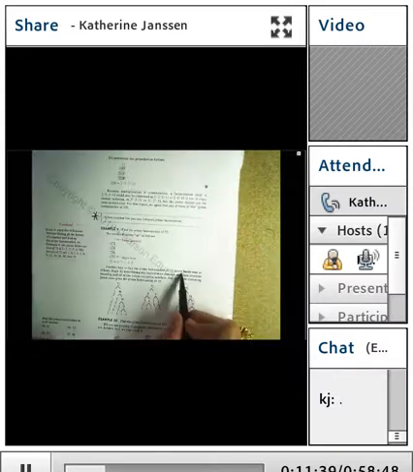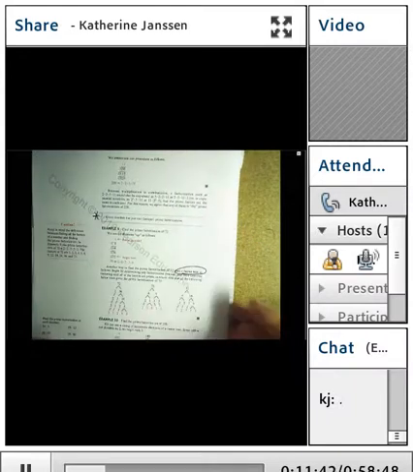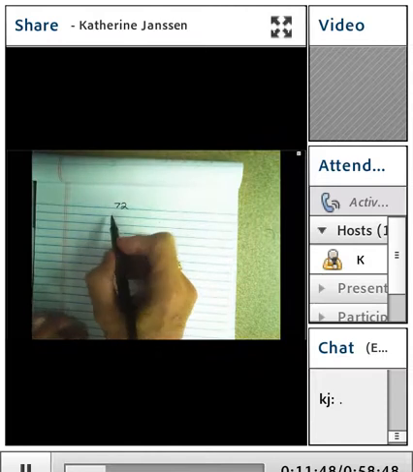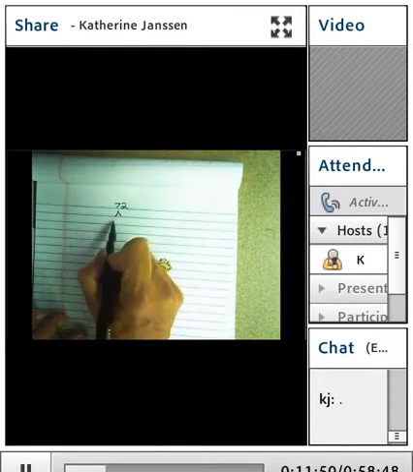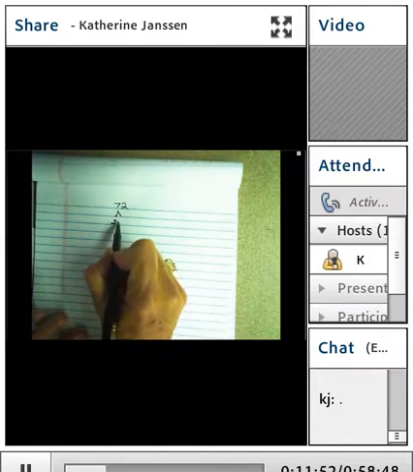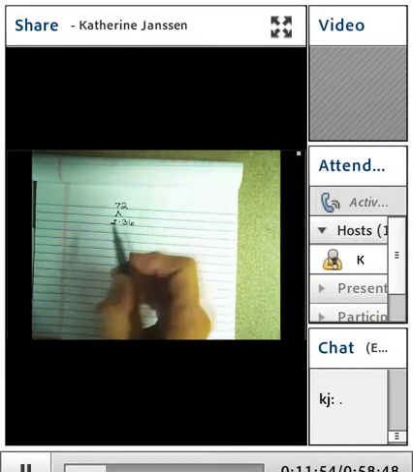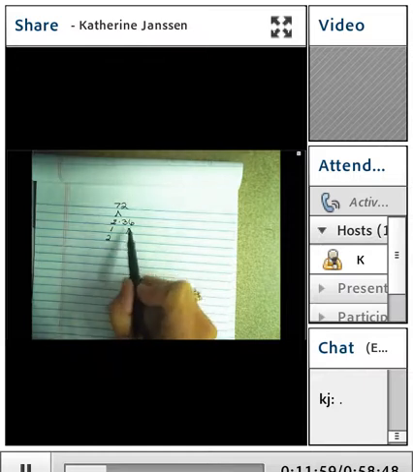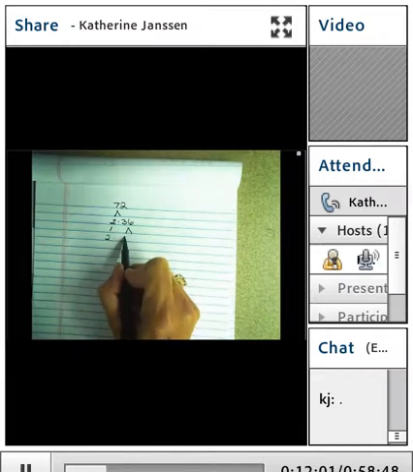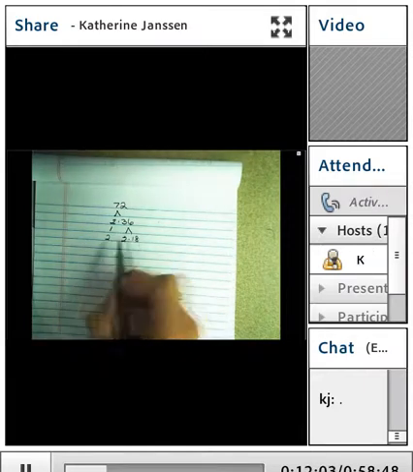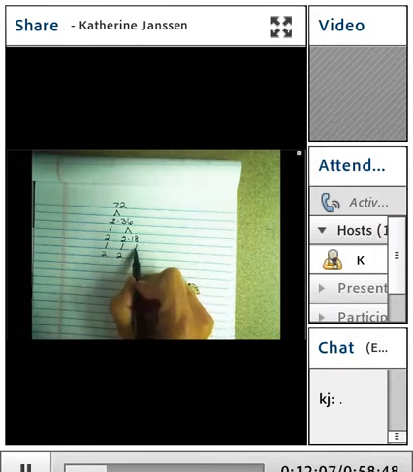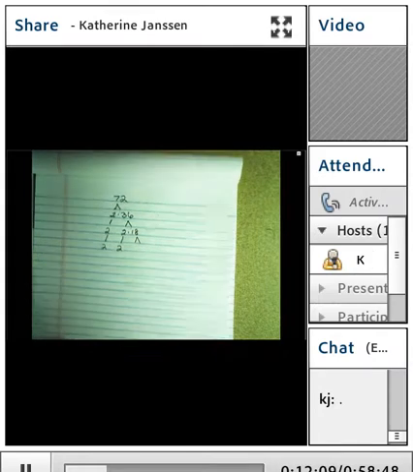Now another way to find the prime factorization is to use a factor tree. So if we're supposed to find the prime factorization of 72, we can factor that as 2 times 36. 2 is prime, so I'm just going to carry that down, but now the two factors of 36 are 2 times 18. 2 is prime, I'll carry it down, but we can factor 18, I know, because it's even.